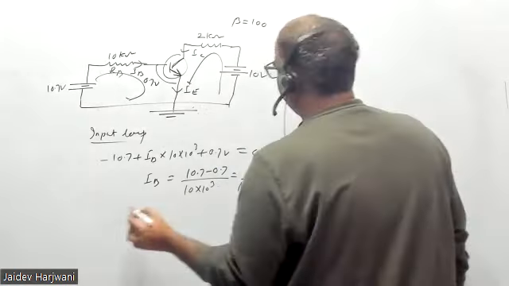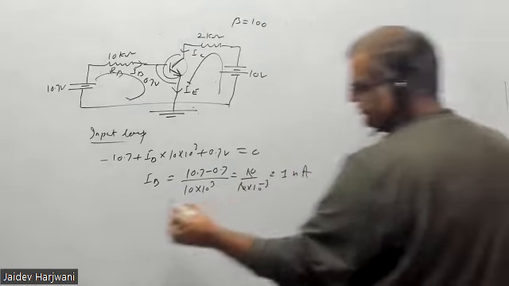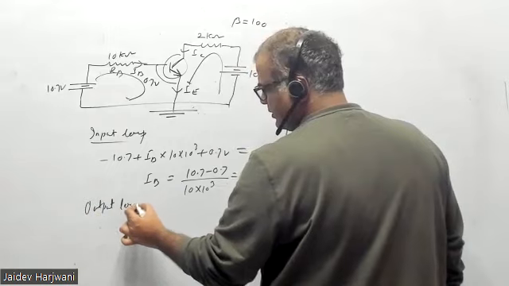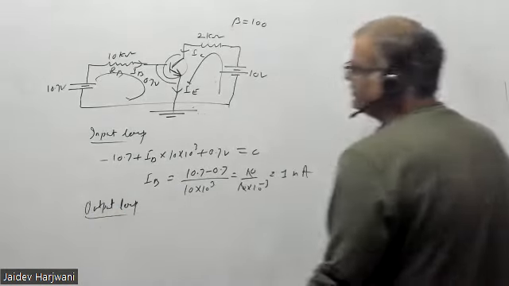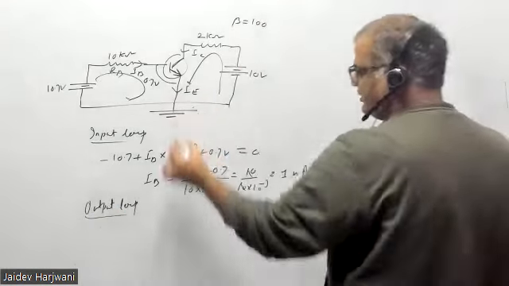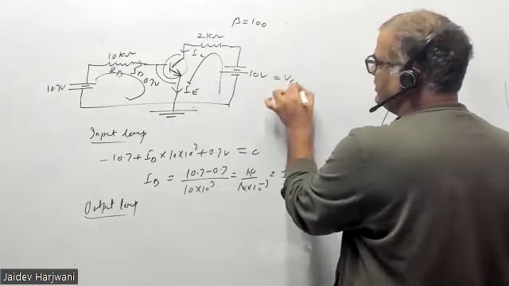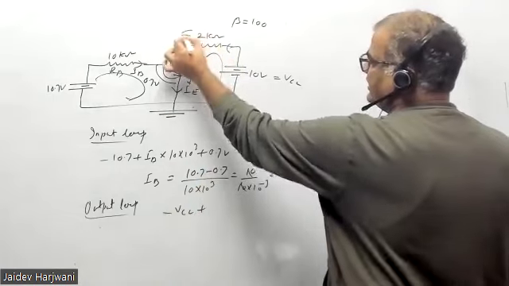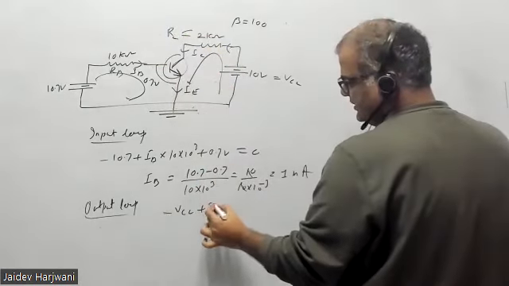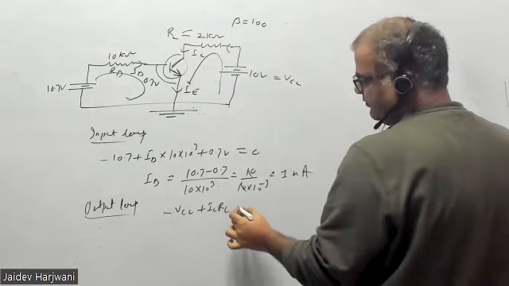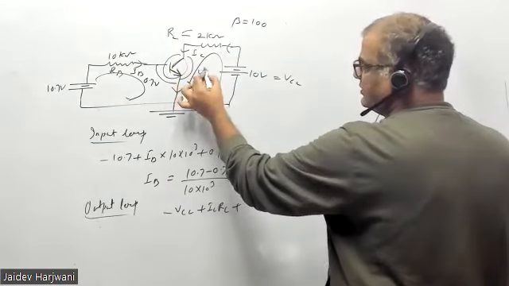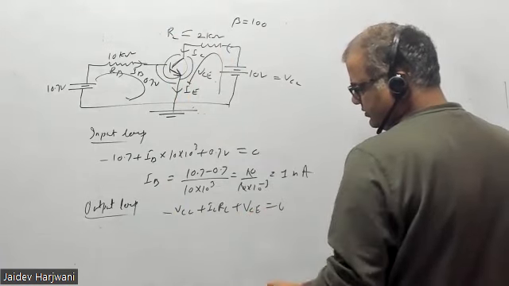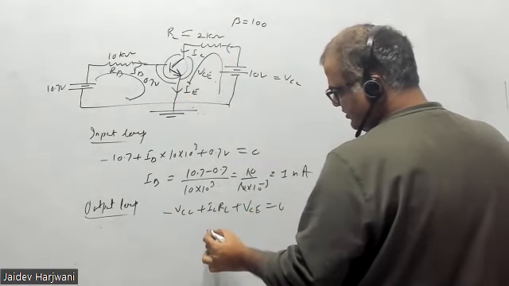And now you can find for the output loop. In the output loop, you can put minus VCC plus RC into IC, plus the drop VCE, equals 0.